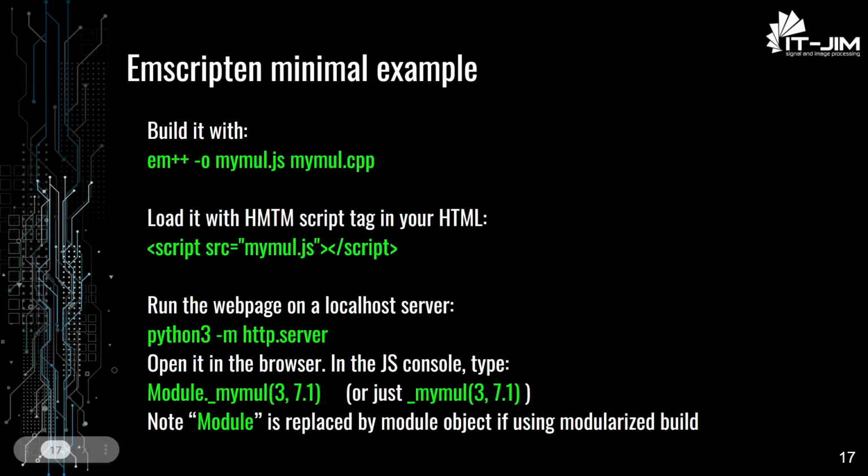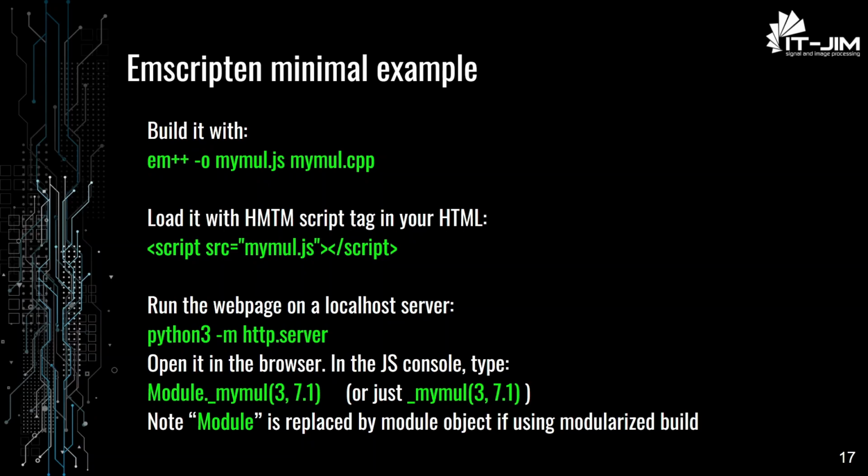You build it as usual with em++ instead of g++ and load it with an HTML script tag in your HTML. Web pages with Emscripten cannot be opened in the browser directly. You should run them on a localhost web server like python3 -m http.server.